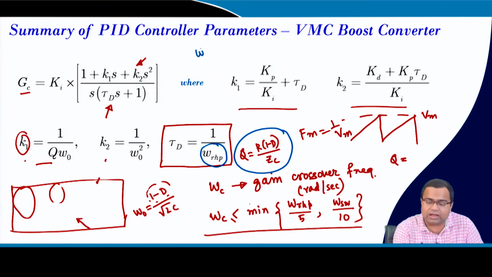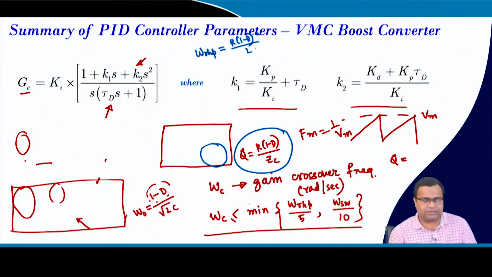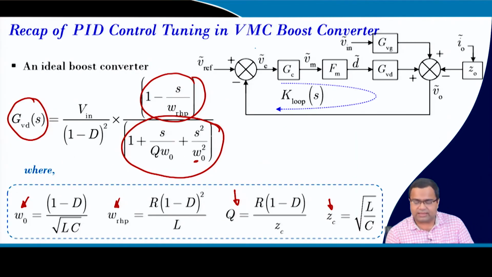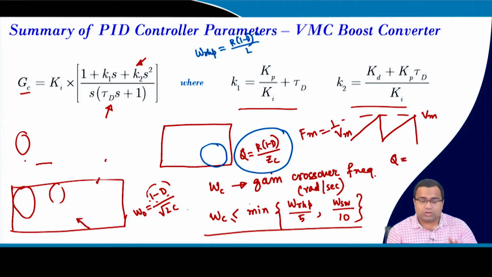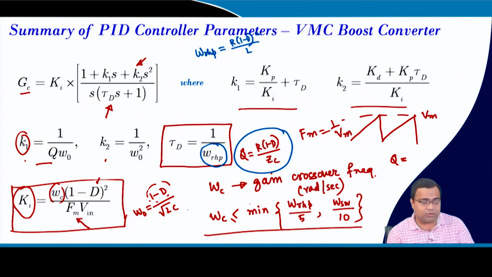So, what was our RHP zero? It was R (1 minus d) whole square by L. So, all these parameters of the controller depend on load resistance and duty ratio, and duty ratio is a function of input voltage.